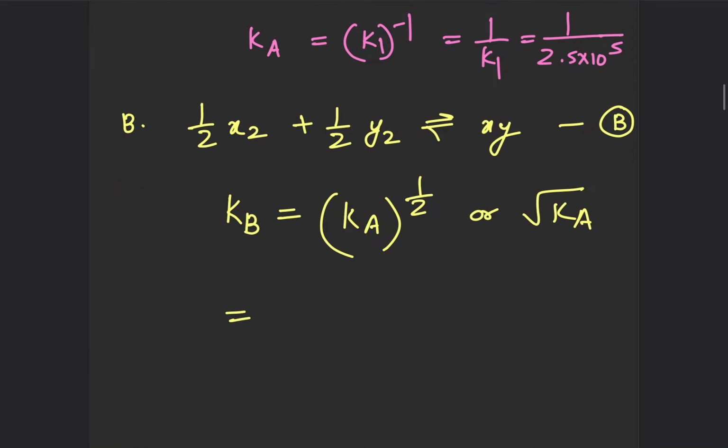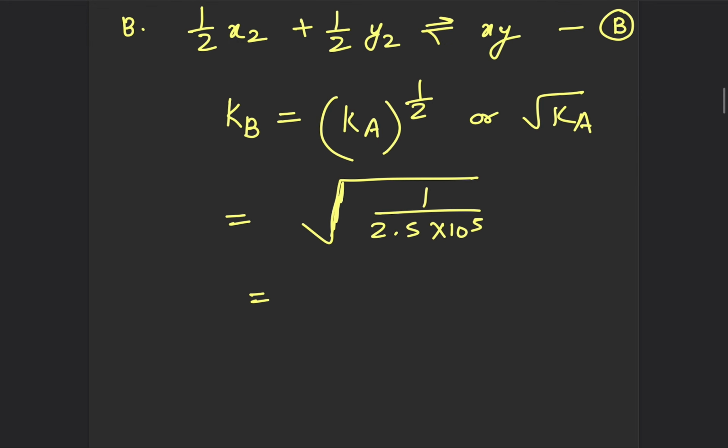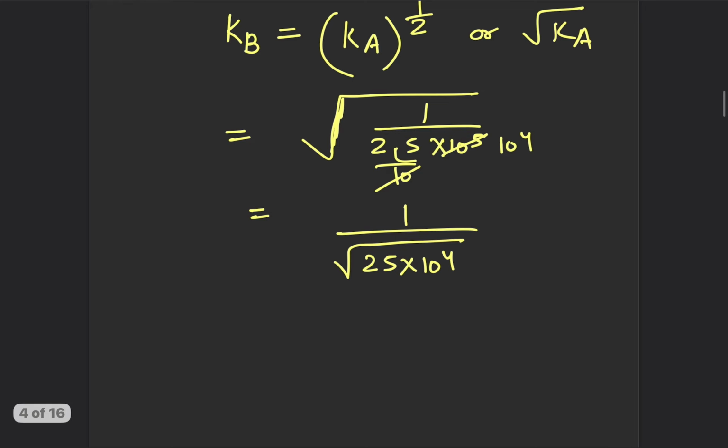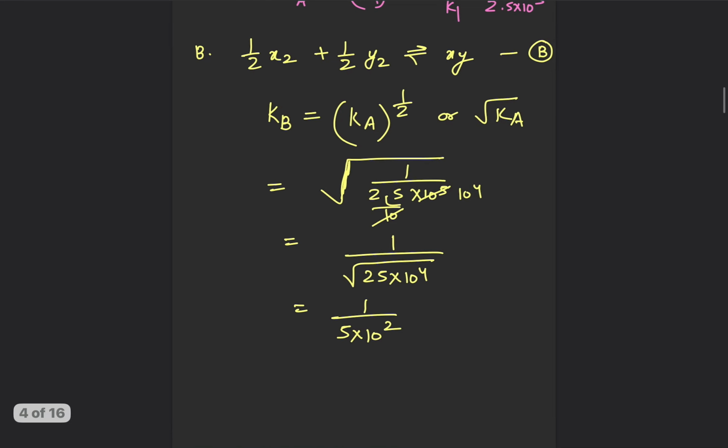So this will become the square root of 1 by 2.5 into 10 to the power 5, and we can write 2.5 as 25 by 10. So 10 and 10 to the power 5 is 10 to the power 4. So this is basically 1 by square root of 25 into 10 to the power 4, which is 1 by 5 into 10 to the power 2. So this is the equilibrium constant for this reaction.